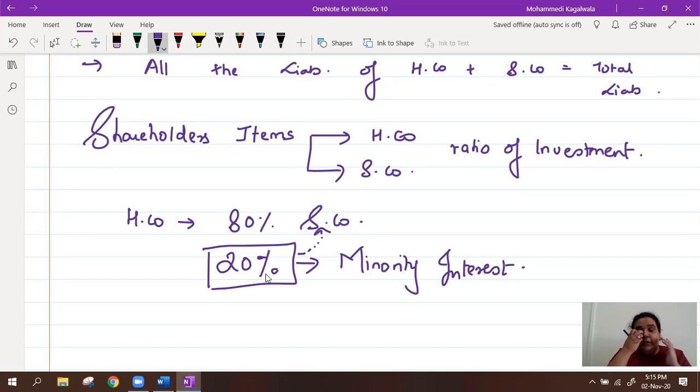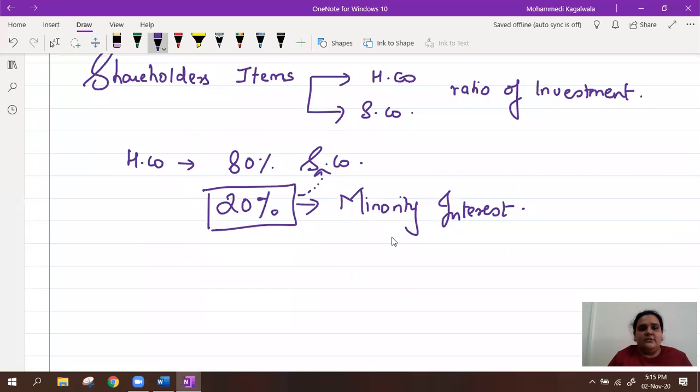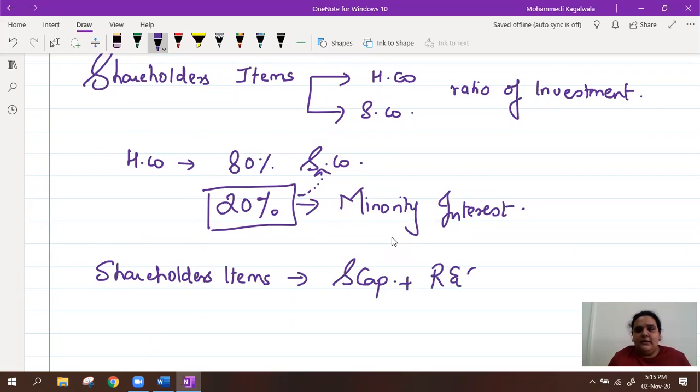ठीक है, तो जो भी शेयर होल्डर्स आइटम्स है, इक्विटी शेयर कैपिटल, रिजर्व्स एंड सरप्लस, फिक्टिशियस एसेट्स, etc., whichever are the shareholders items. Okay, so in shareholders items we have share capital, then we have reserves and surplus, and fictitious assets.